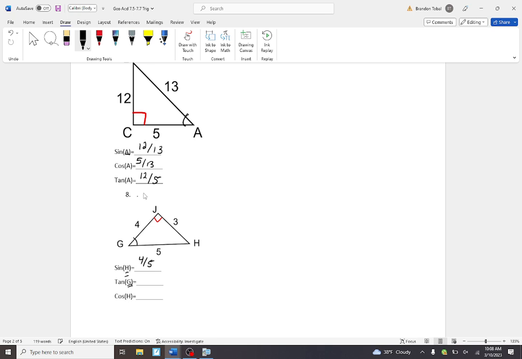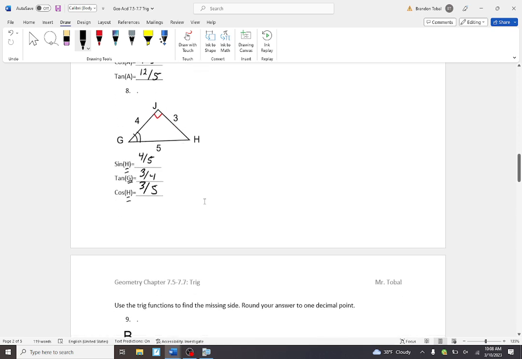The opposite of G over here is 3, adjacent is 4, so 3 over 4. Cosine of H is adjacent, 3, over hypotenuse, 5. So you have to look at the letters to tell you where you're standing in the room. Make sure you read carefully. I remember 2 years ago, people made that mistake.